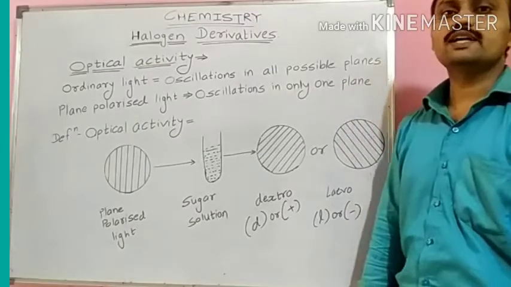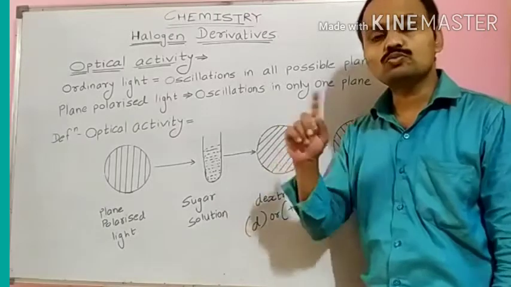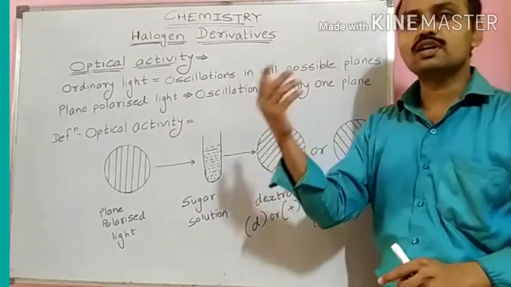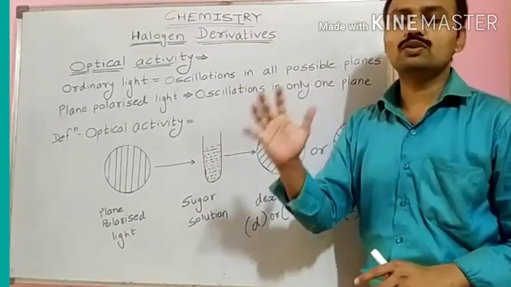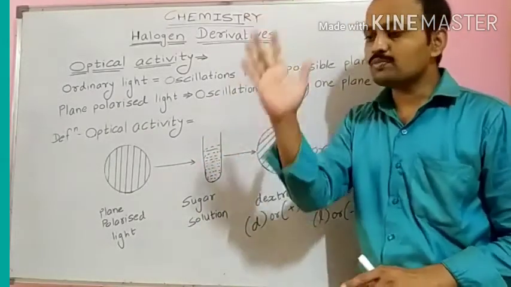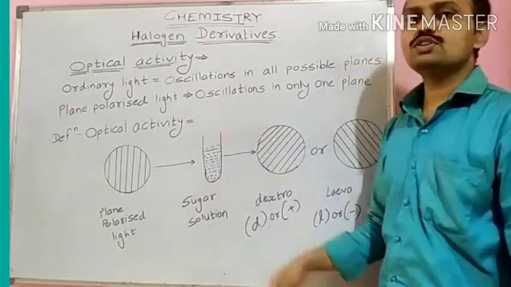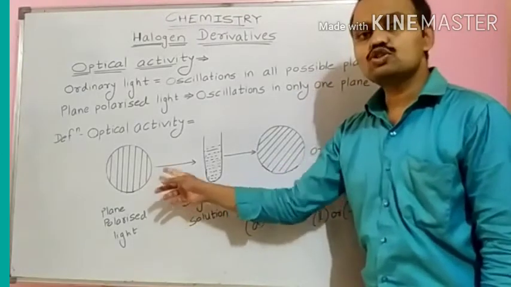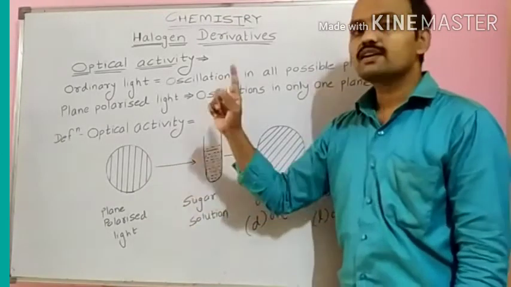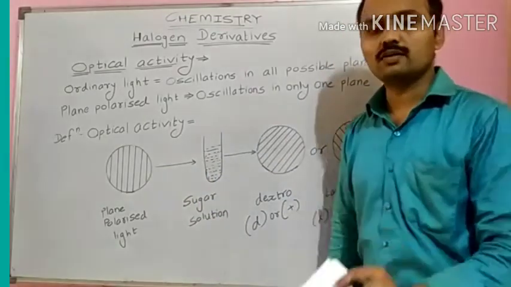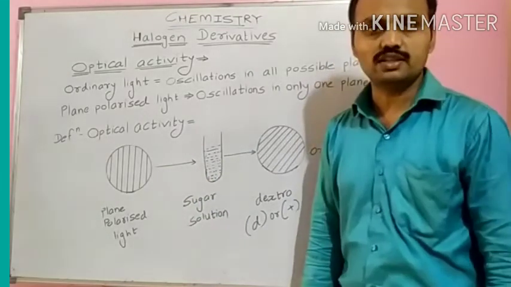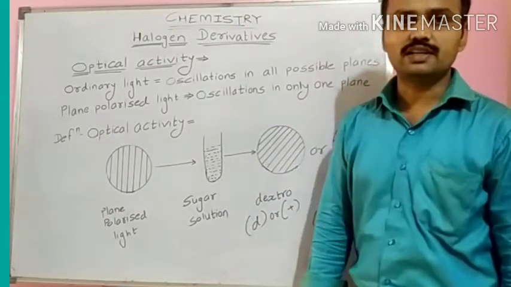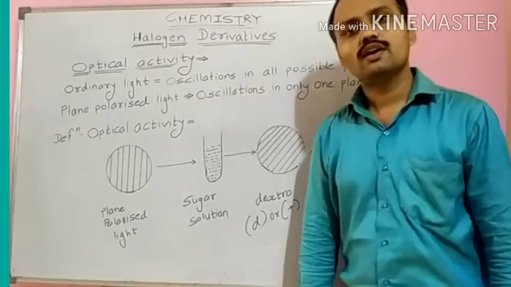We know that enantiomers are non-superimposable mirror images of each other. This means they are two different compounds, but they look like non-superimposable mirror images of each other. And students, enantiomers contain at least one chiral carbon atom, and we know that if a compound contains a chiral carbon atom, it is optically active.